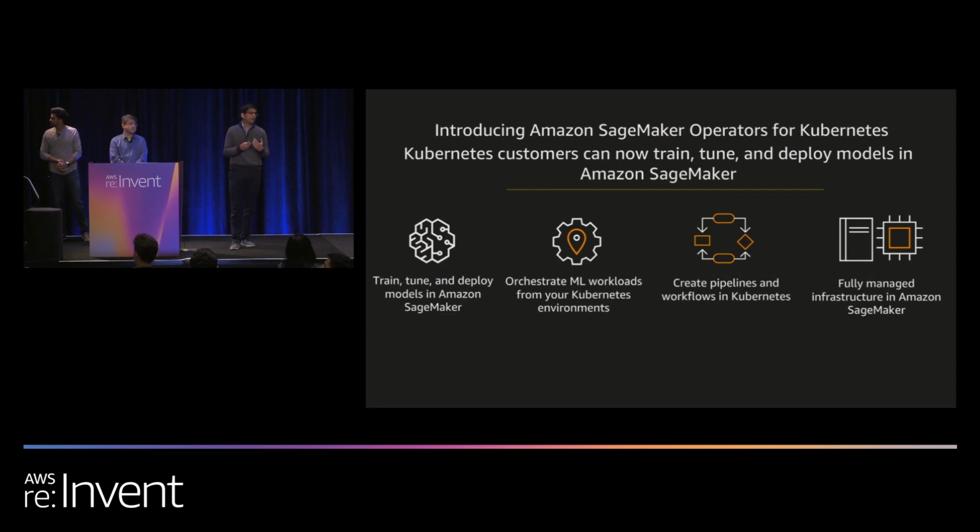And you can now standardize the way you orchestrate your machine learning workloads and bring in Amazon SageMaker as a new custom resource in your Kubernetes cluster. So it's as if you have all of the managed goodness and power that SageMaker brings for model training, tuning, and inference in your own Kubernetes cluster without having to manage the underlying nodes.